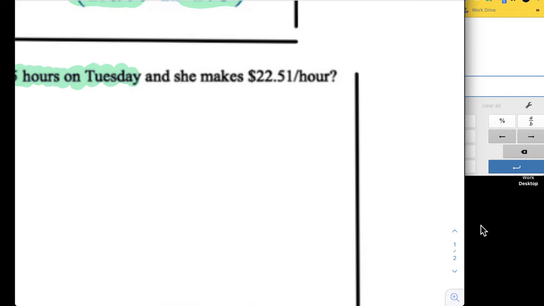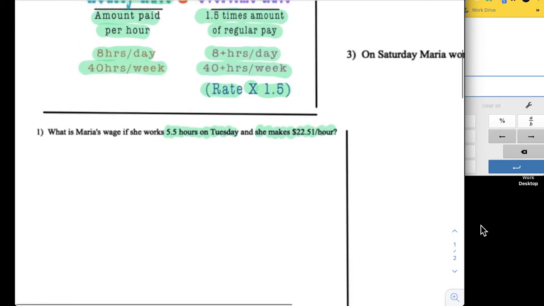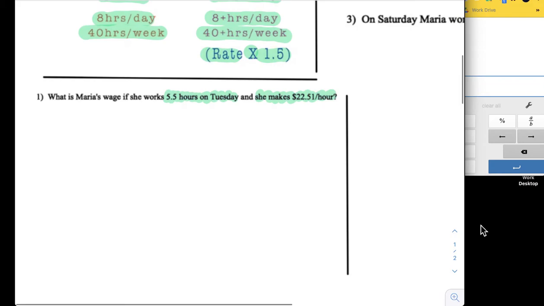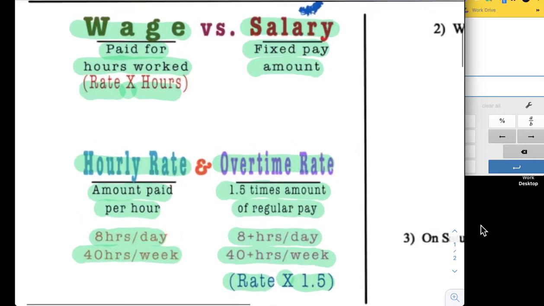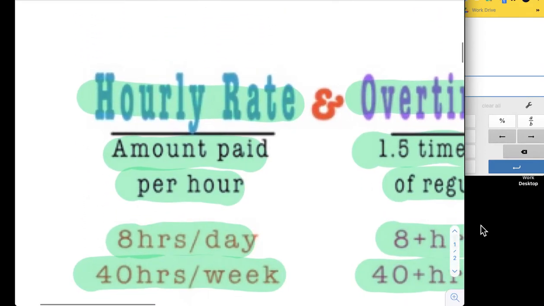And she makes $22.51 an hour. So how much did she make on Tuesday? So we need to know how much she makes, right? What is her wage?